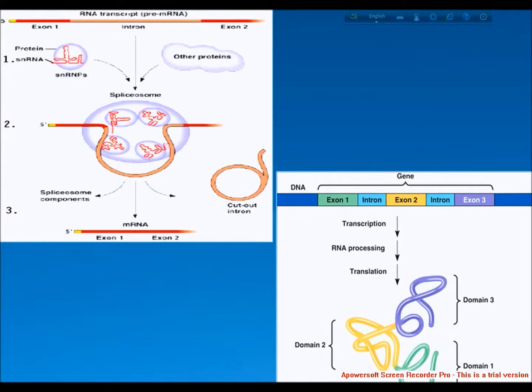Spliceosomes are organelles in which the excision and splicing reactions that remove introns from pre-mRNA occur. Ribosomes and small nuclear RNAs, snRNAs, are contained in spliceosomes.